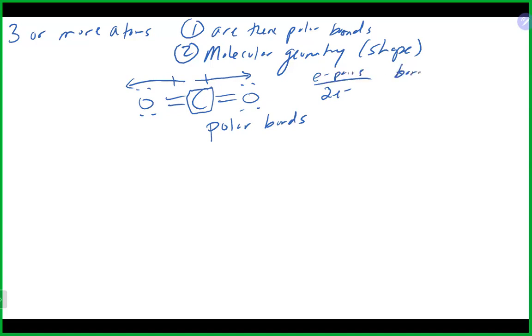Now, in terms of bonds, it has 1 bond and 2 bonds, which are also the electron pairs, right? Which are 2. So something with 2 electron pairs and 2 bonds has a molecular geometry of linear, right? That's 180 degrees apart from each other. Now, because the geometry of this is linear, these polar bonds will actually cancel each other out.